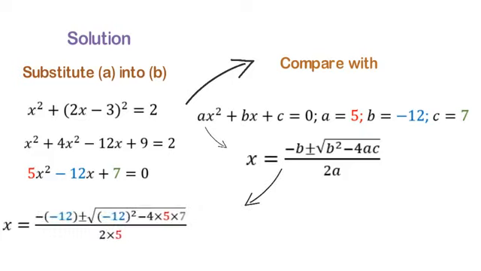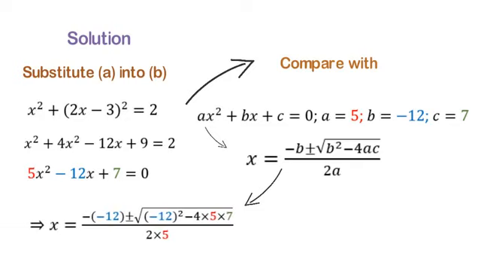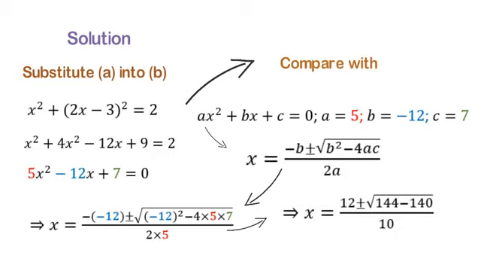You have x equal to minus minus 12 plus or minus the root of the square of minus 12 minus 4 times 5 times 7, all divided by 2 times 5. We'll have that x is equal to 12 plus or minus the root of 144 minus 140 all over 10.